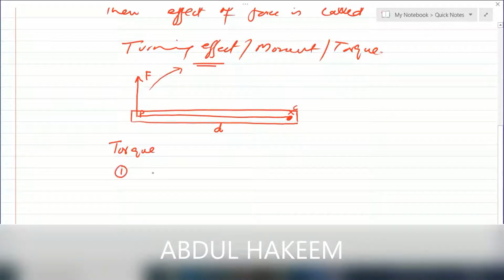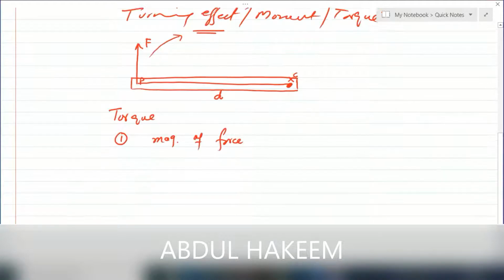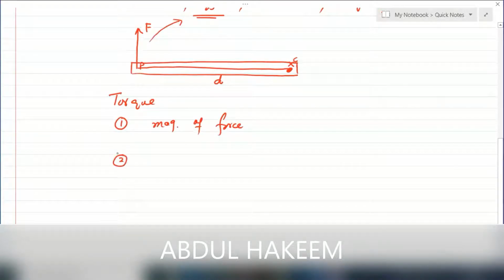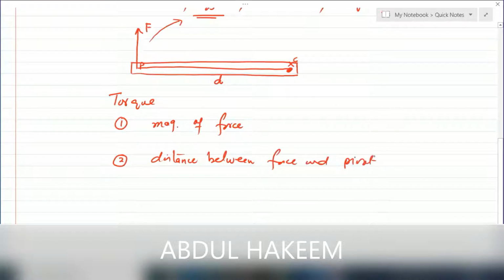Now this torque depends on, number one, the magnitude of the force applied, meaning the size of the force. Number two, it depends on the distance between force and pivot. And number three, it depends on the angle theta between distance and force.